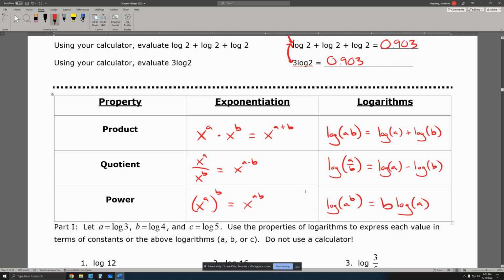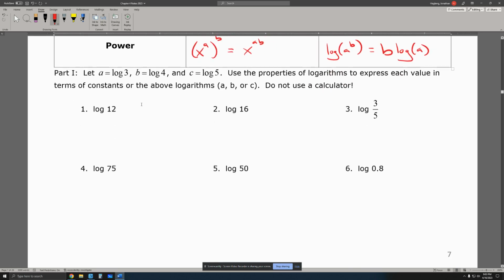All right, so let's get some practice. For number 1 here, we have log of 12. Given that a is equal to log of 3, b is equal to log of 4, and c is equal to log of 5, see if we can write these expressions in terms of a, b, and c. All right, so looking at this, I can see that 12 is a product of 3 and 4. So I could rewrite this as log of 3 times 4.